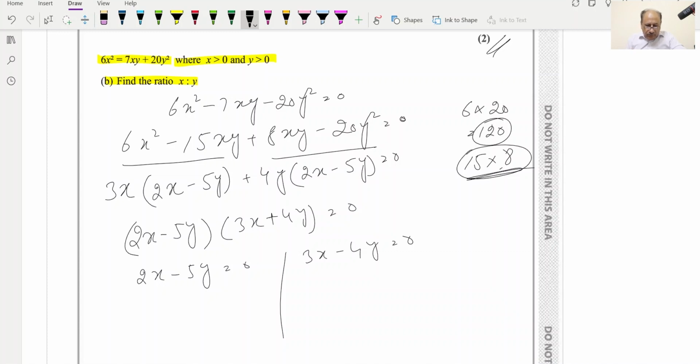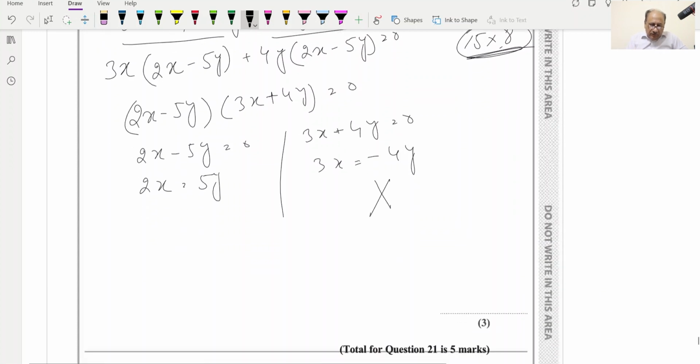Now we can rewrite as 2x is equal to 5y, and 3x is equal to minus 4y, and we cannot take this one, this is negative, so we reject this one, and we can take x ratio y, and this will be equal to 2 ratio 5.